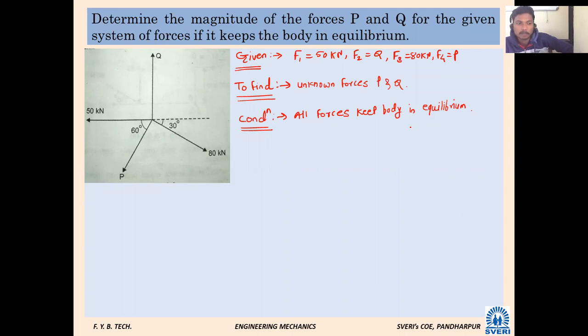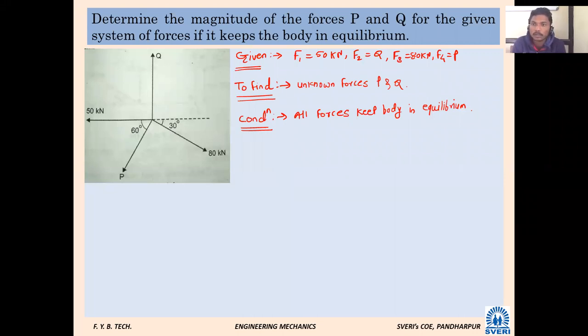Very good. Summation Fx is equal to 0, summation Fy is equal to 0. Means in short, if body is in equilibrium, immediately it should come in your mind: conditions of equilibrium.